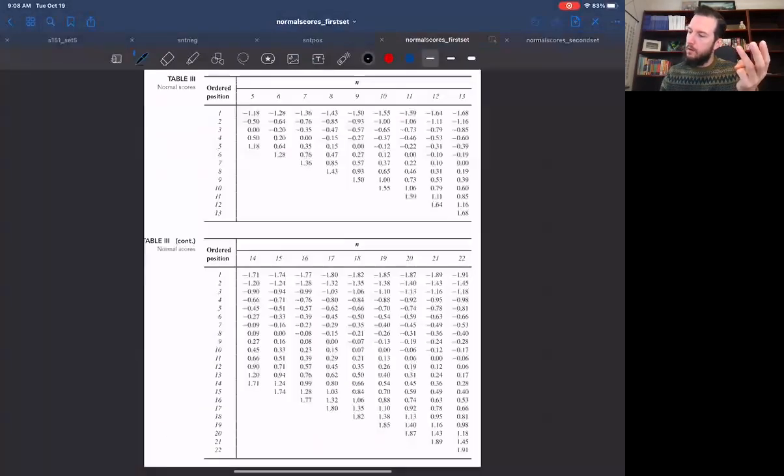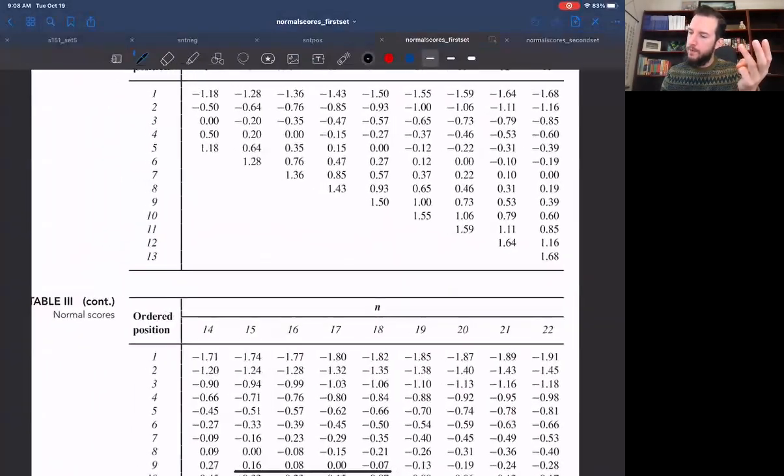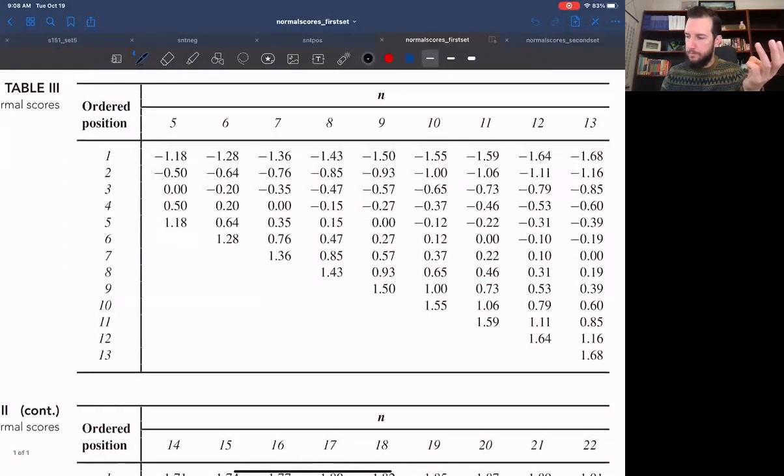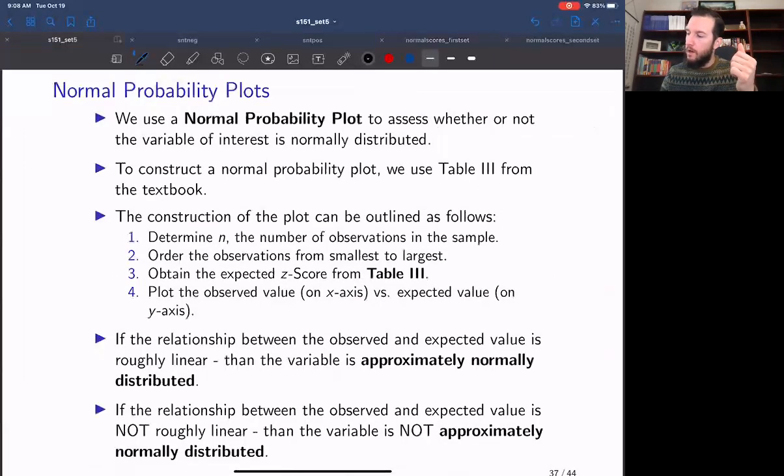Okay, so you can see in table 3 here, and this is also posted on Blackboard, the only variable is sample size. So we just need to know how many observations we have, which again, you just do by counting the number of values. Then you match your ordered values to the values from table 3 and you create a scatter plot.